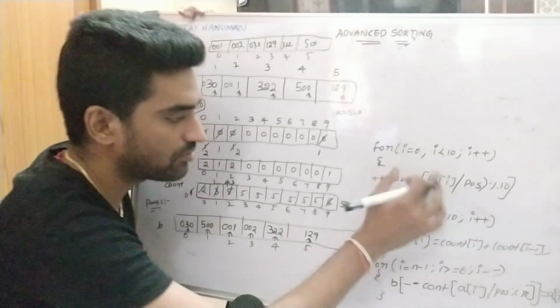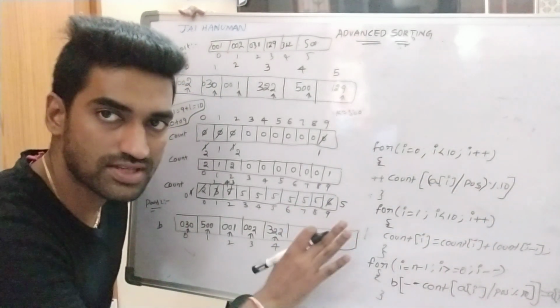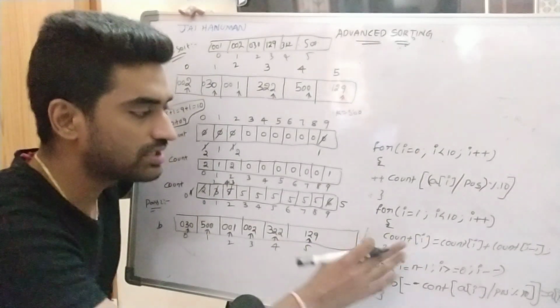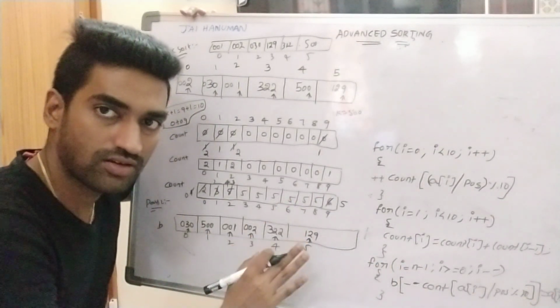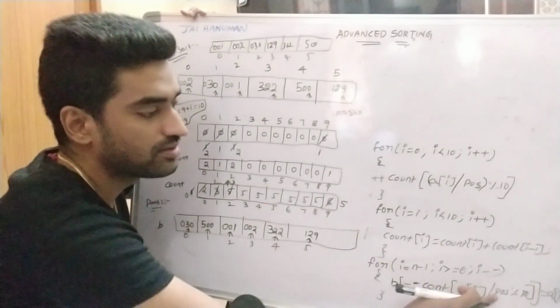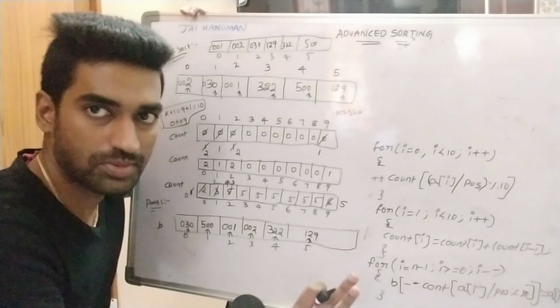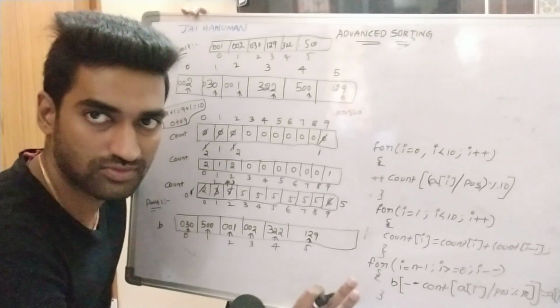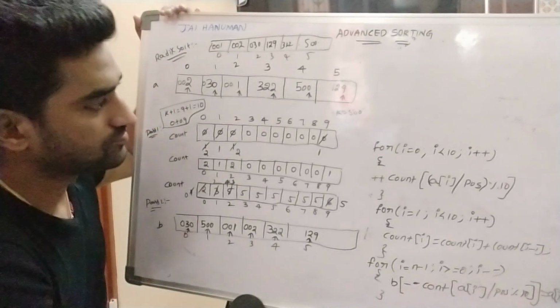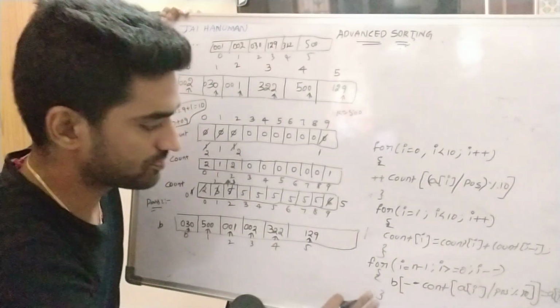Same loops which are present in the count sort mechanism, but here based on digits we are sorting all the elements. So that's why, with the help of position, we perform the division operation, then the modulo division operation is applied. Remember that, right? So these are the loops.